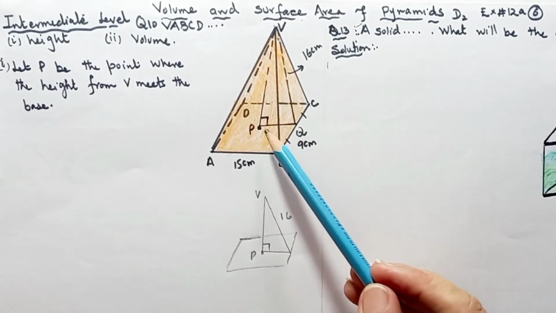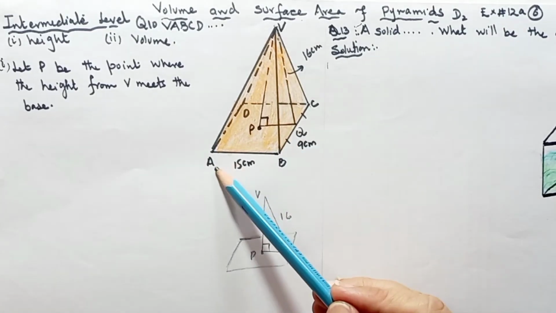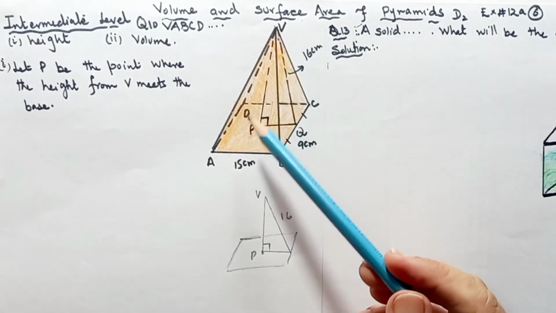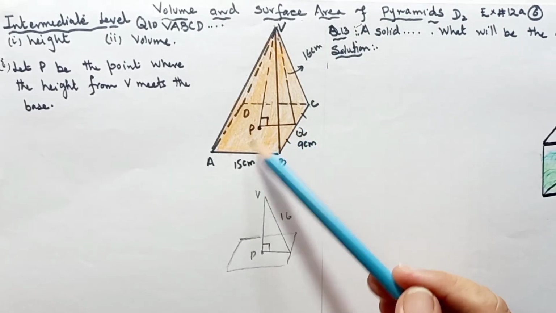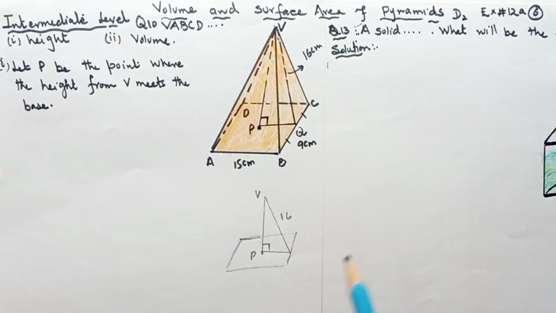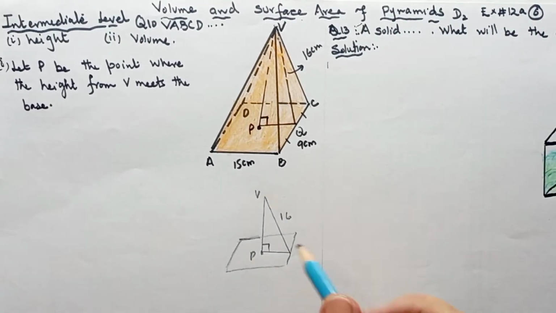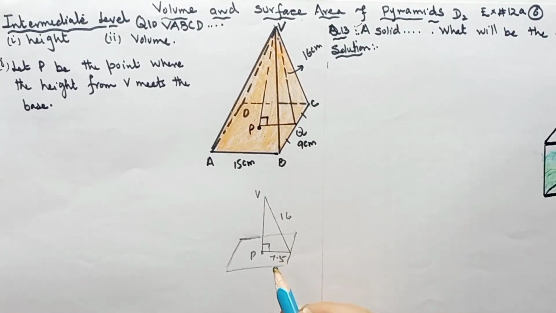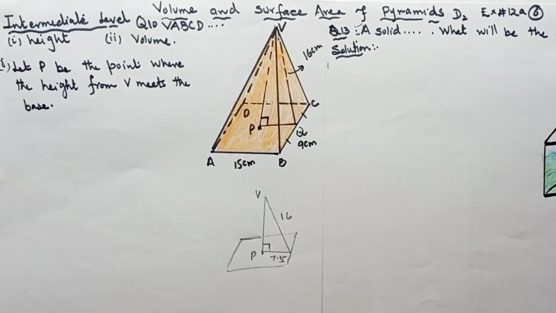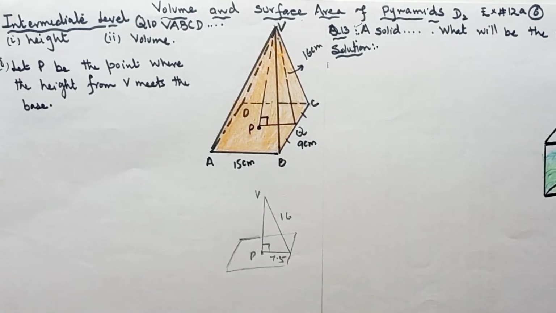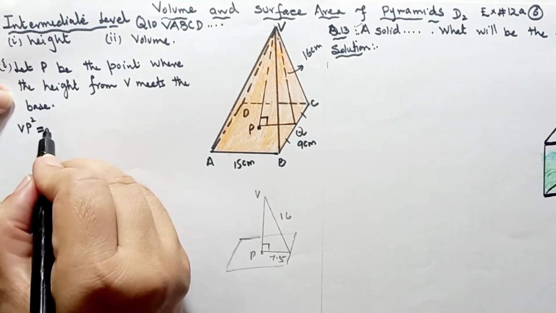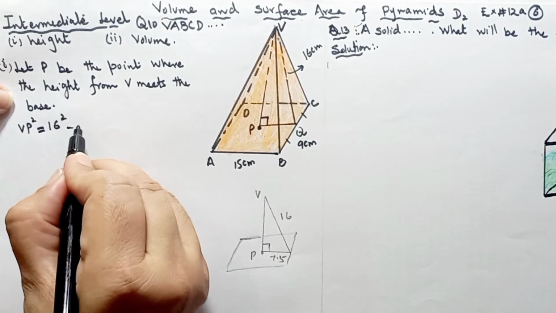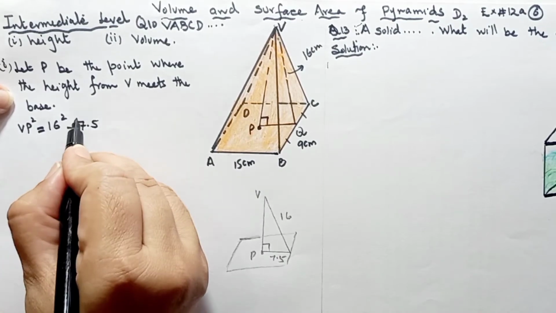Now look, this PQ side is parallel to AB side, and VP is perpendicular at point P, and PQ is half of this AB side, so it will be 7.5. Now we have to use Pythagoras theorem in order to find VP. VP square will be equal to hypotenuse square, 16 square minus 7.5 square.